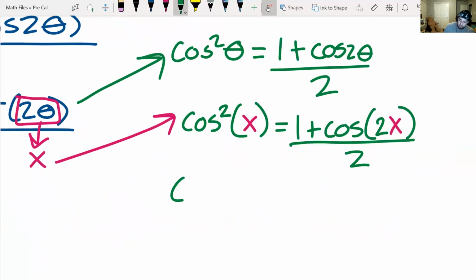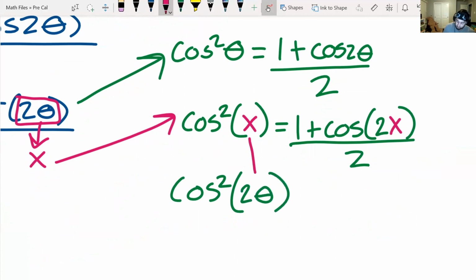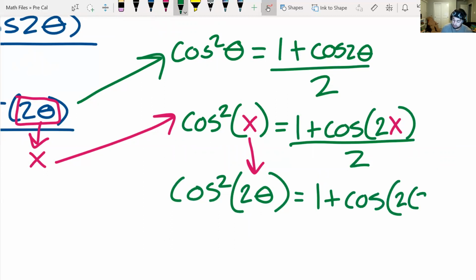Cosine squared of my x, where my x value is 2 theta, which means that goes in for x. So 1 plus cosine of 2 times 2 theta.